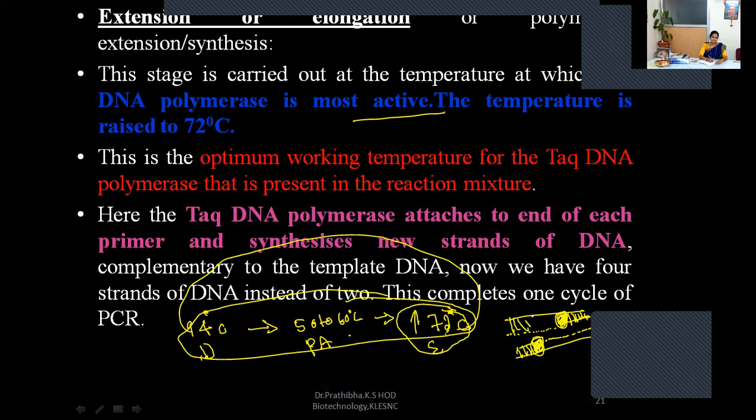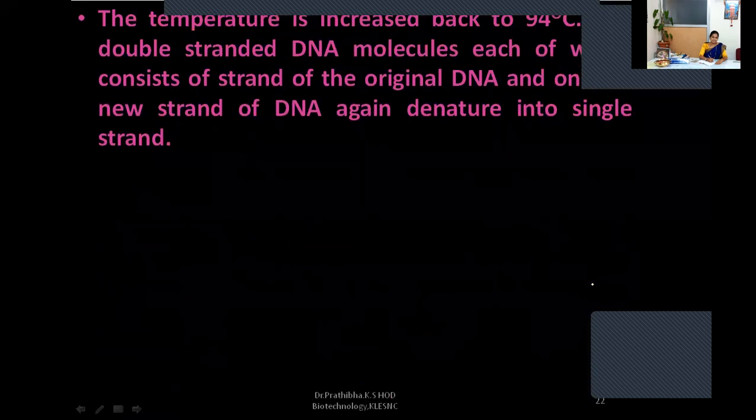Whatever from the 2 strands we obtained here, the 4 strands, these 4 strands again will go to denaturation. This strand will go to denaturation, and this strand will also go to denaturation. The same cycle repeats: denaturation, primer annealing, and synthesis or extension. The temperature is increased back to 94 degrees Celsius.